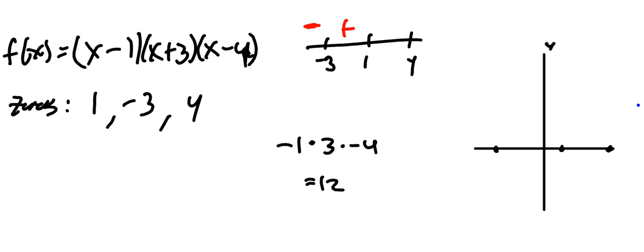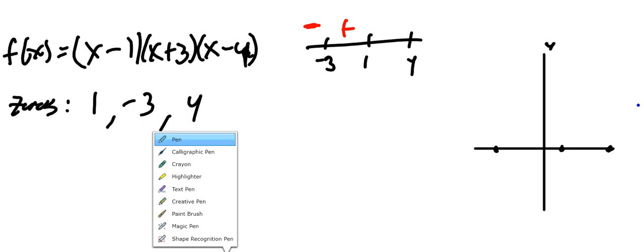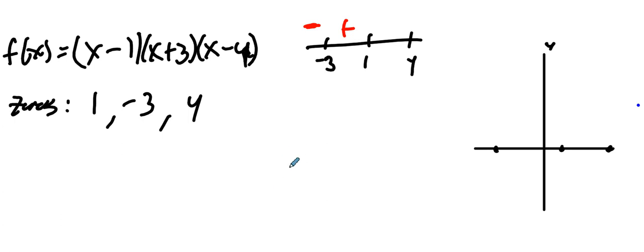Now let's choose any number between 1 and 4. Let's choose 2. So 2 minus 1 is... oops, that is wrong. Give me a moment. So 2 minus 1 times... All right, so this is the expansion here.